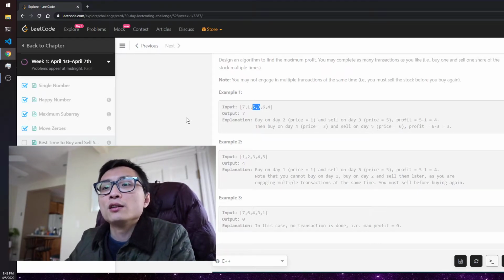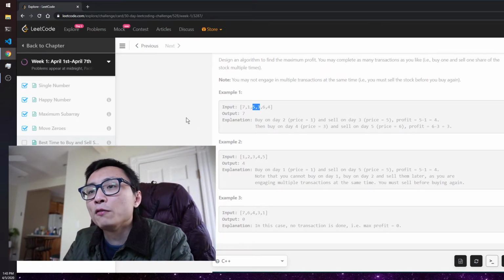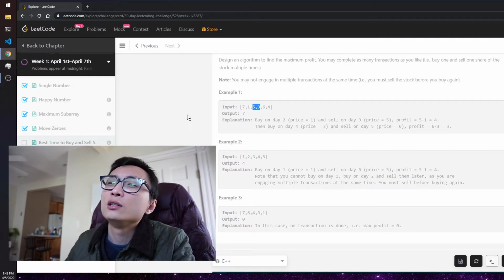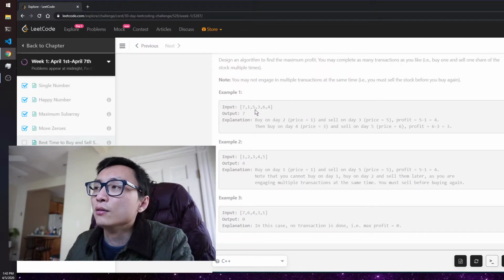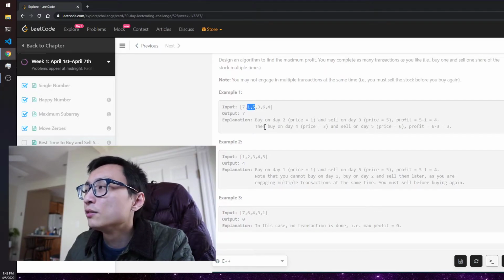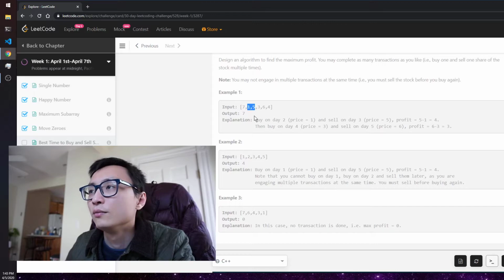So this tells us that whenever we see that we can make an immediate profit, we always opt for that, because if we have a dip later on, we don't want to lose that profit. So whenever we see we can have an immediate profit, we always lock it in. That's what this example is telling us.